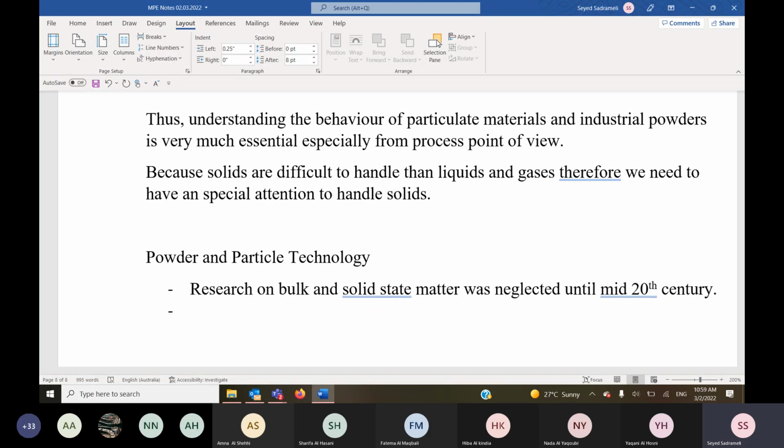The first company, I guess, that used the mechanical separation was DuPont.